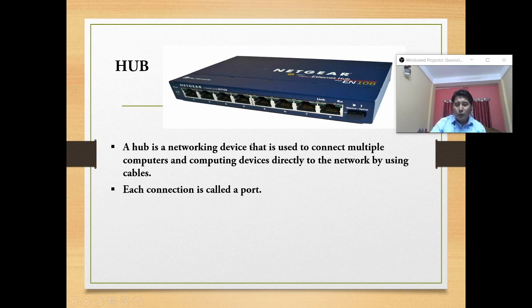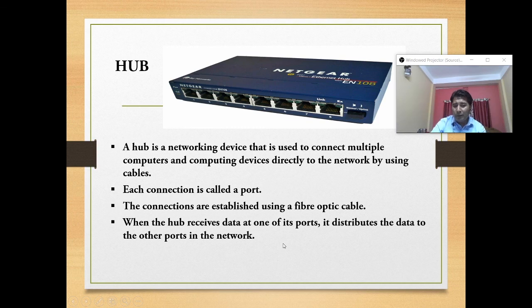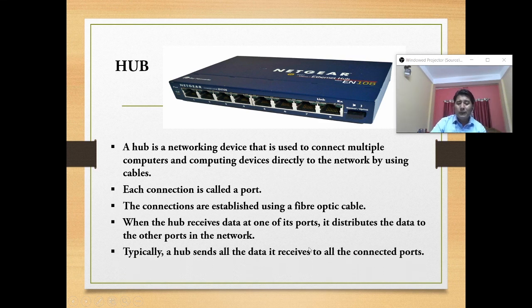Now each connection, you can see here, we call this a port, and the connections are established using the fiber optic cable. Now when a hub receives data at one of its ports, it distributes the data to the other ports in the network. Typically, a hub sends all the data it receives to all the connected ports.